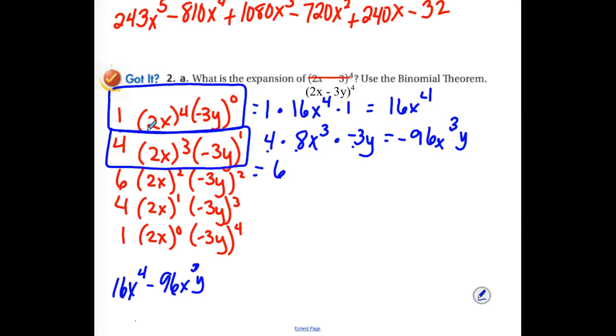Next row, I have 6 times 2x to the 2nd power becomes 4x squared. Negative 3y to the 2nd power becomes 9y squared. What is 6 times 4 times 9? 216. My variable pieces, I have an x squared and a y squared.